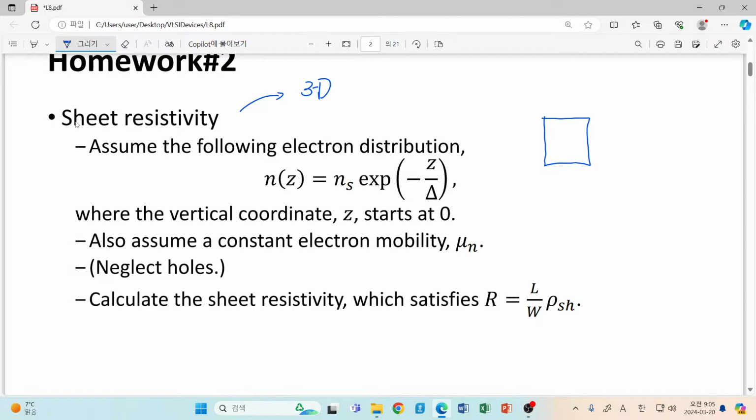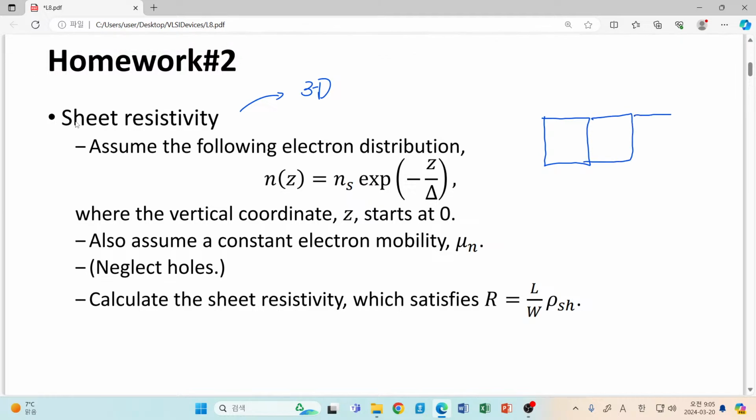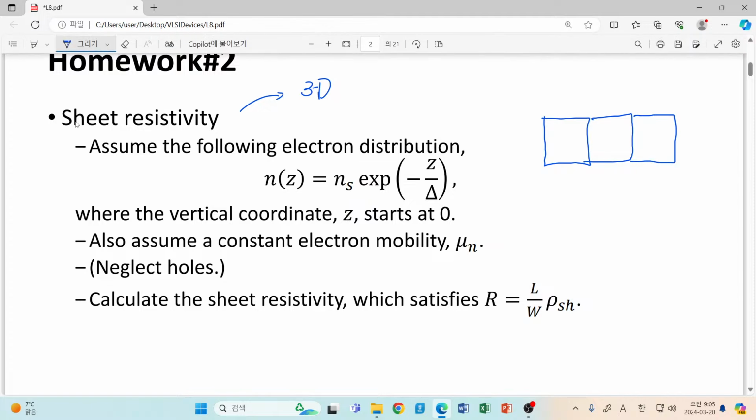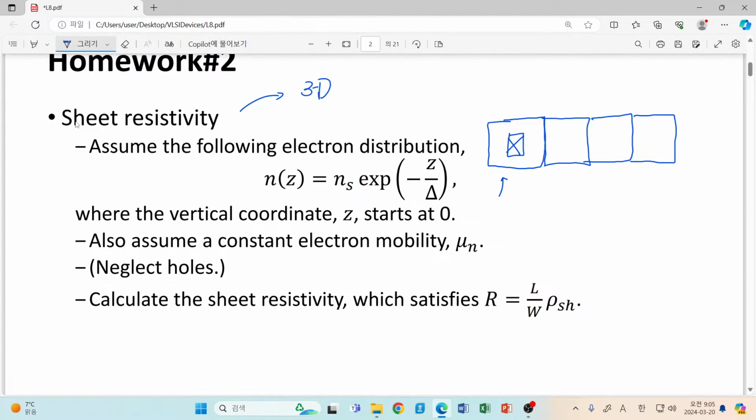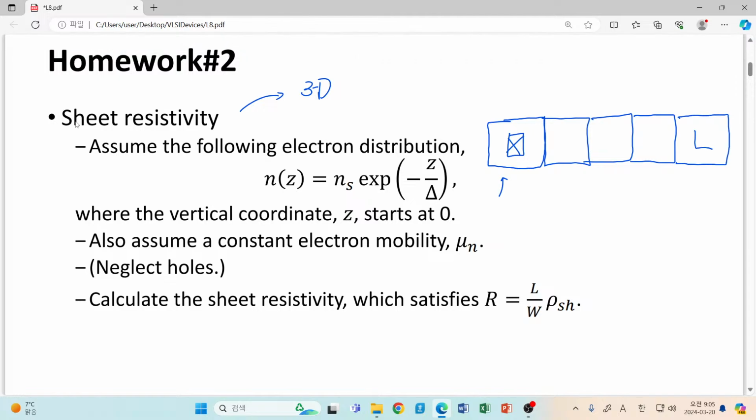So, for example, let's say that you have drawn a line of doped semiconductor. Let me just draw something. Here at this part, you have introduced a metal contact, and here also you have introduced a metal contact.